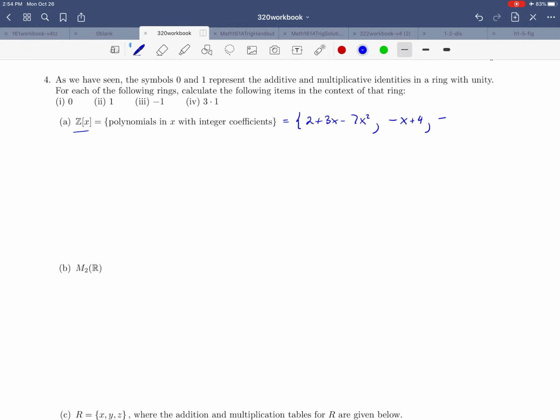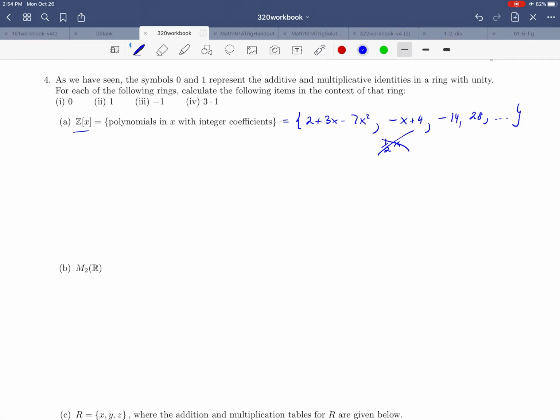Constants, minus 14 or plus 28. Those are all things that live in our ring of polynomials in x with integer coefficients. Things that are not in there would be like 1/2 x. That's not in there because it doesn't have an integer coefficient.